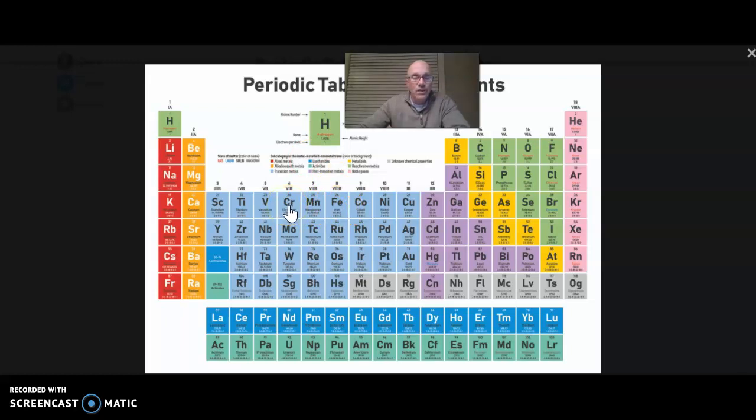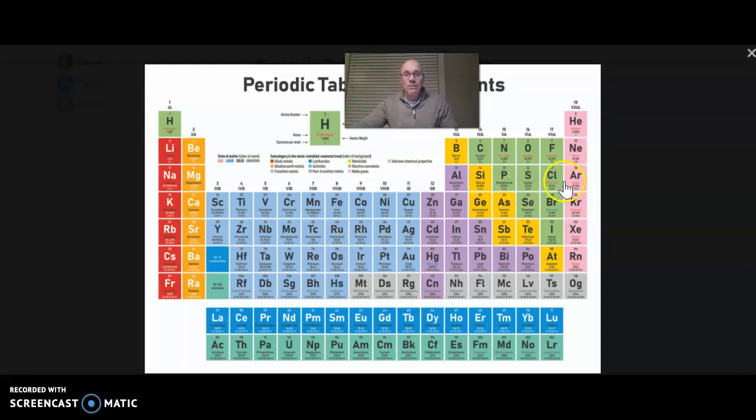All right, so we also had that size trend of an atom compared to its cation, which is its positive variety, and also a neutral atom compared to its anion, which is going to be its negative variety. All right. One quick way to remember that is that the more negative of the two that you're comparing is going to be the larger.